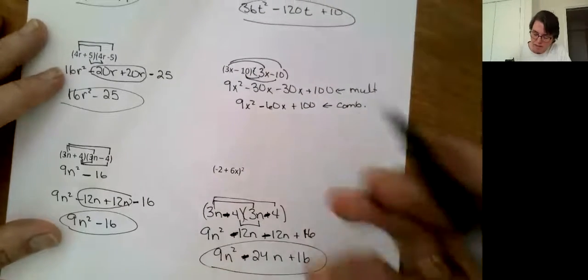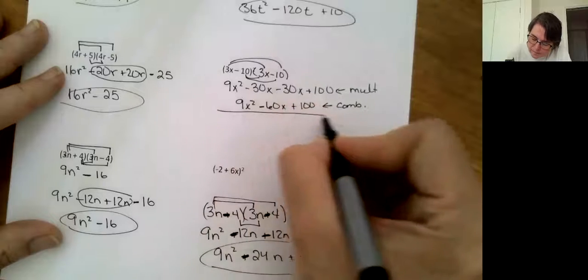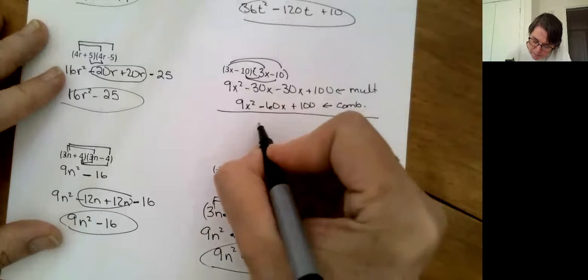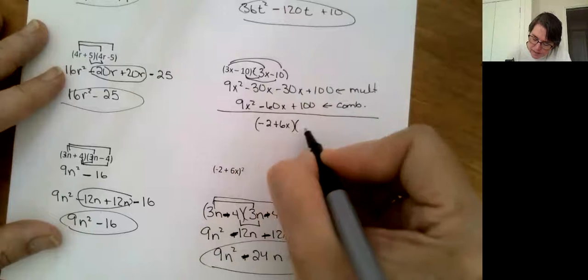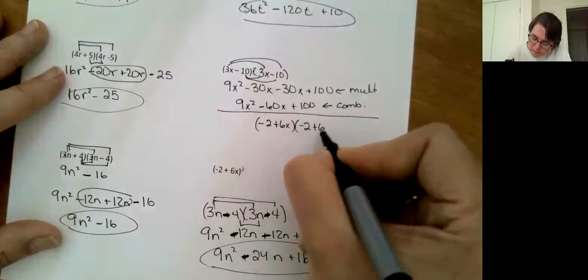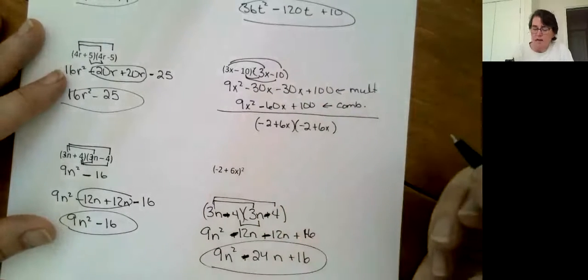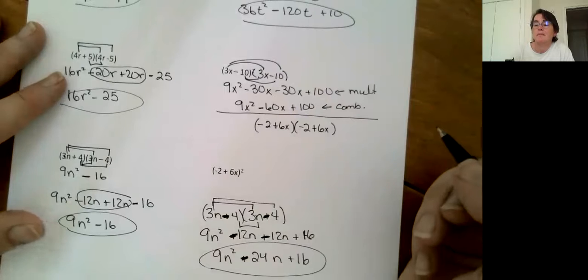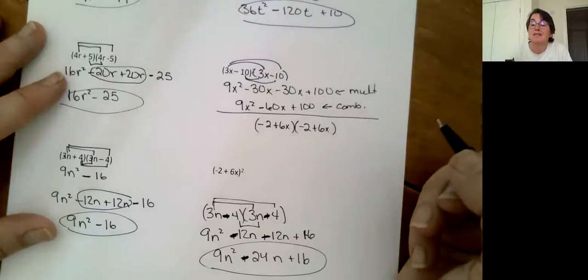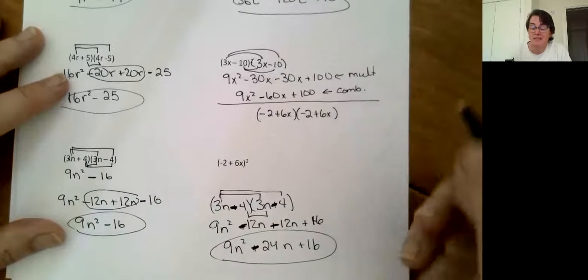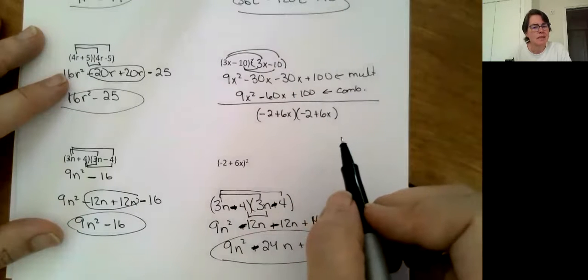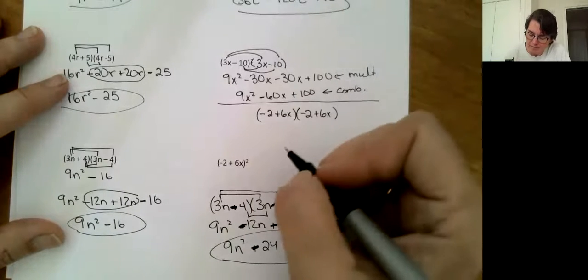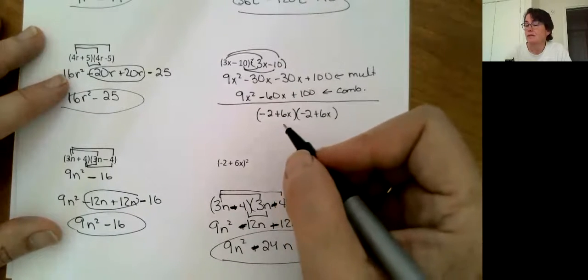That one down there, I'm going to do up here so I have some more room. So minus 2 plus 6x, times minus 2 plus 6x. My math senses are tingling, saying that's a weird order, so I need to pay a little extra attention when I'm doing it. It's not wrong, and I wouldn't rearrange them.